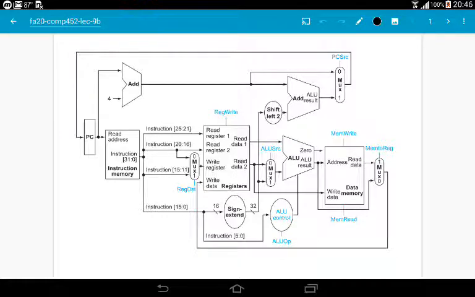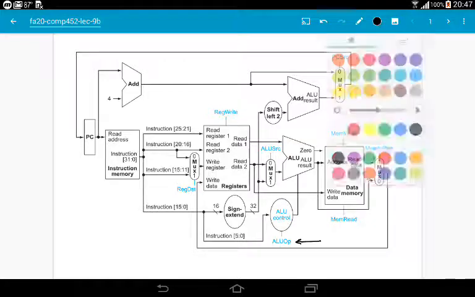Now in this data path, the blue lines are control signals, and there are a total of 9 such lines here. Actually, this ALU op is 2 lines, ALU op 1 and ALU op 0. Sorry, this ALU op is not 1 but 2 lines.